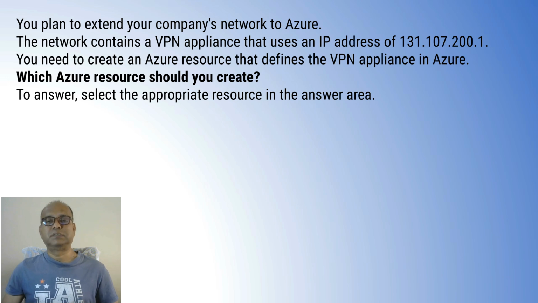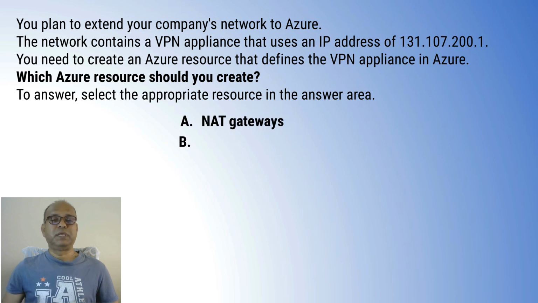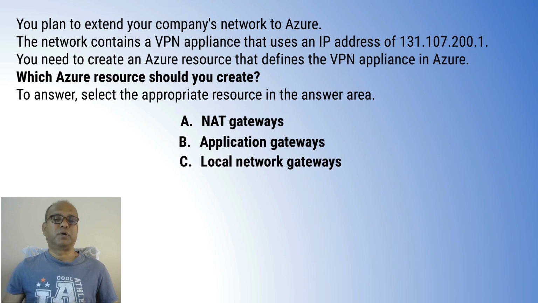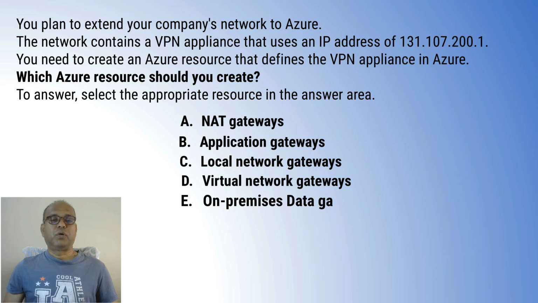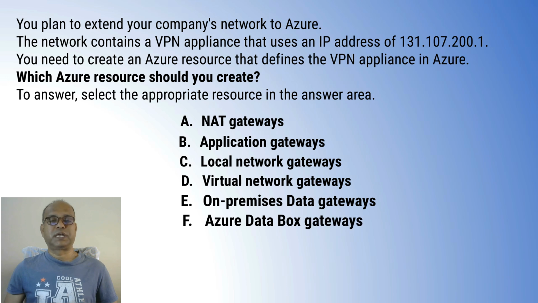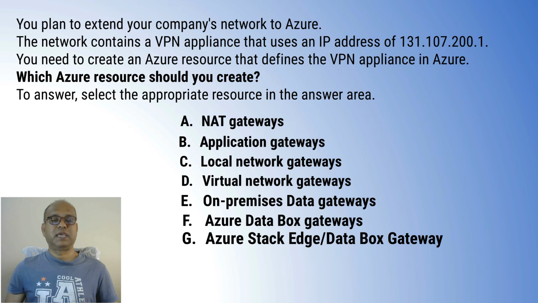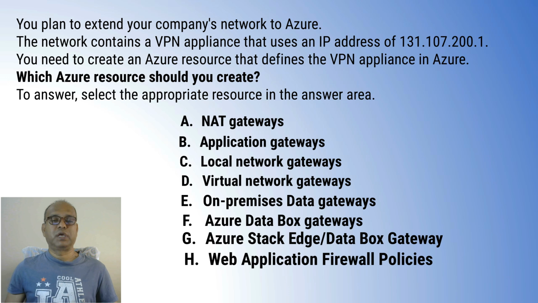To answer, select the appropriate resource in the answer area. Option A, NAT gateways. Option B, application gateways. Option C, local network gateways. Option D, virtual network gateways. Option E, on-premises data gateways. Option F, Azure Data Box gateways. Option G, Azure Stack Edge Azure Data Box gateway. Option H, Web Application Firewall policies.